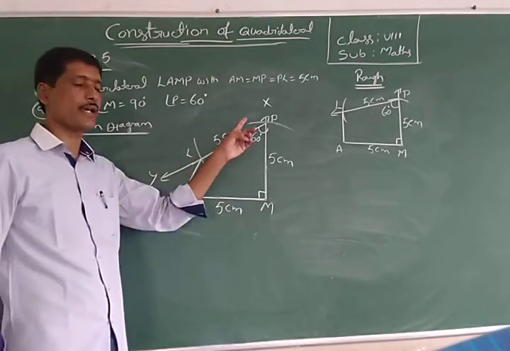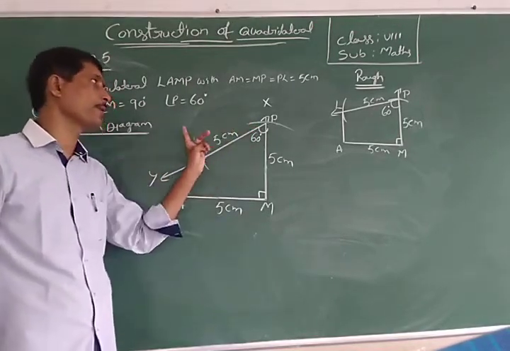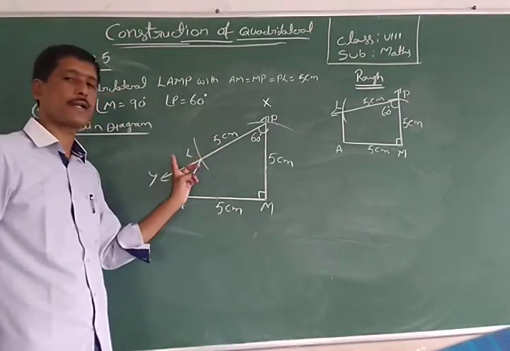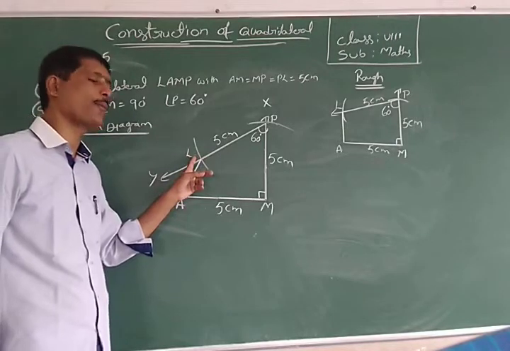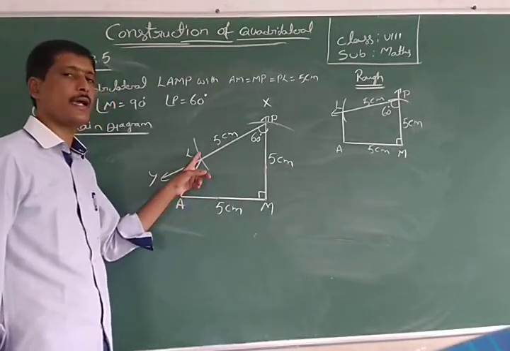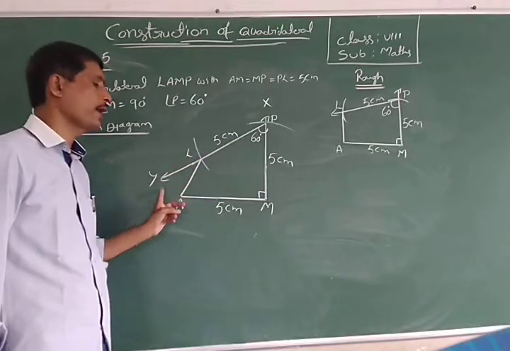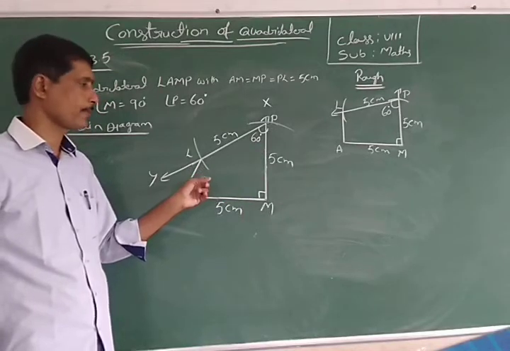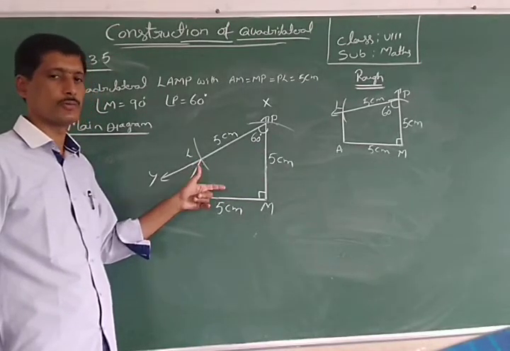Next take P as the center, draw the arc with 5 centimeters. The ray and arc intersect at one point. The point is L. Therefore, join LA or AL. Therefore, form the required quadrilateral LAMP. Okay. Write your steps on your own.